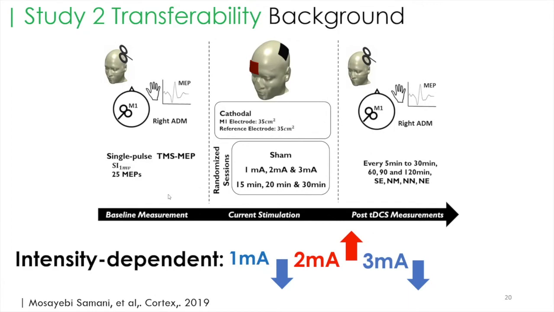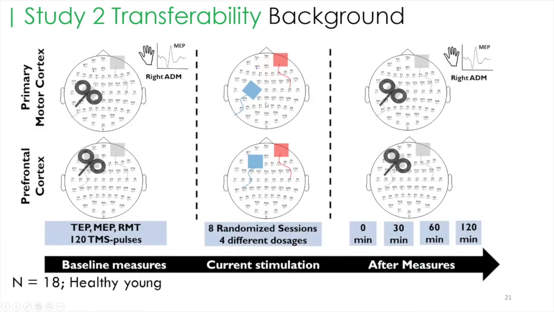That is the background and the methodological part of the first study that I presented. We wanted to know if the result that we obtained over the motor cortex is transferable to the prefrontal cortex.